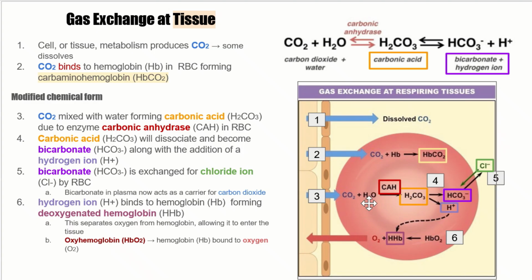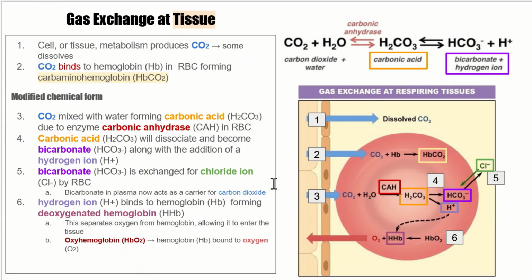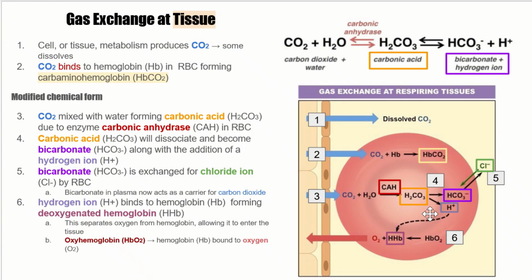And then there's going to be this enzyme within the red blood cells called carbonic anhydrase, and that's what's going to cause it to become carbonic acid. That's H2CO3, and then that carbonic acid is going to dissociate, and it's going to become this hydrogen ion, and also bicarbonate.